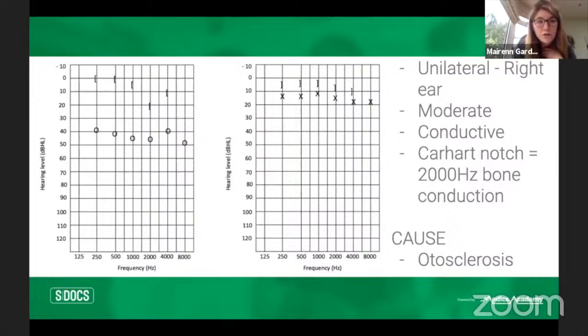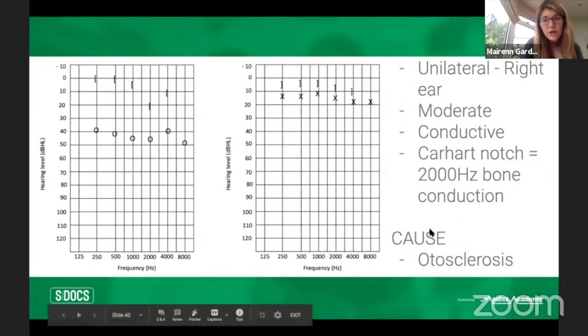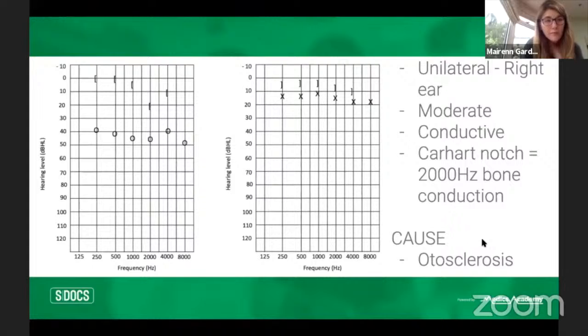The Carhart notch at 2000 Hertz for bone conduction. So even though it's relatively normal, they'll still have this dip at this level. And this is indicative of otosclerosis, so damage to the stapes bone, like I was explaining in part 2.